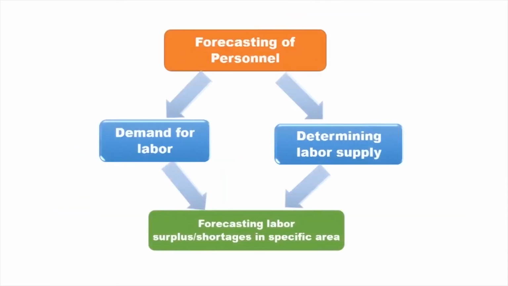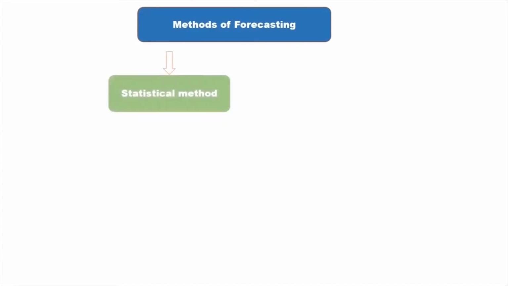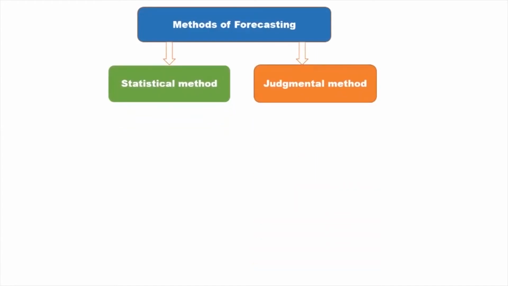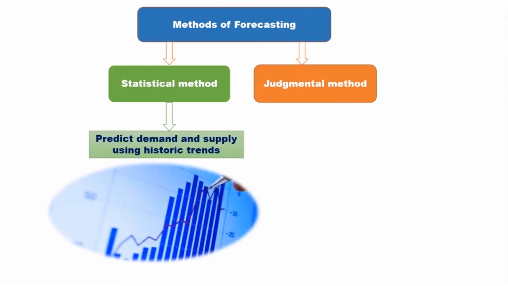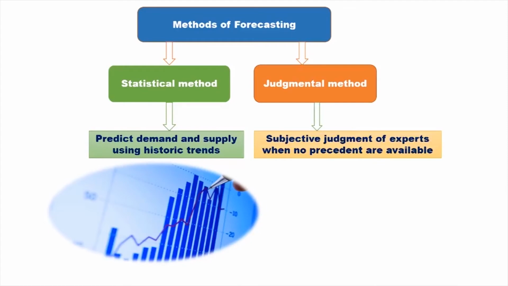Forecasting supply and demand can use statistical methods or judgments. Well, statistical methods capture historic trends in a company's demand for labor. Under the right conditions, these methods predict demand and supply more precisely than a human forecaster can using subjective judgment.